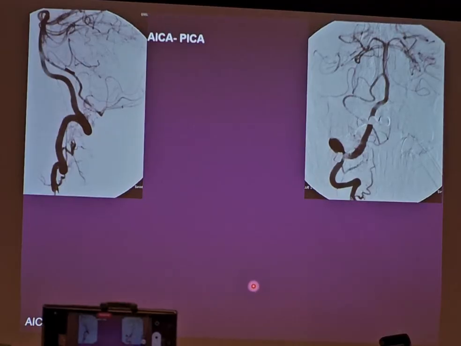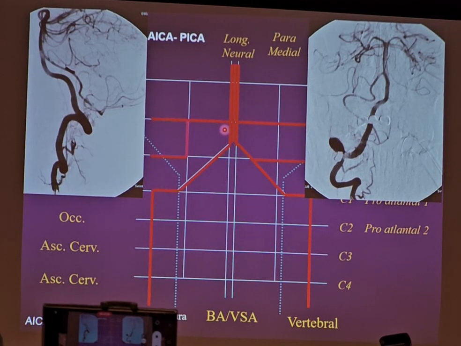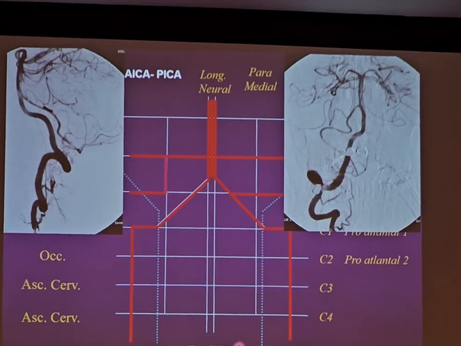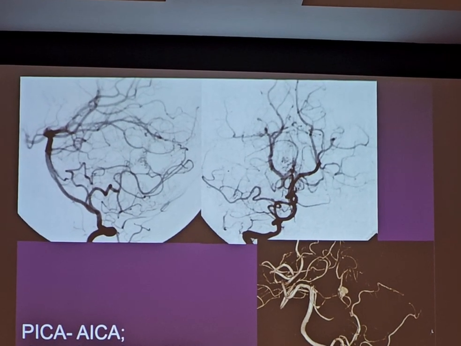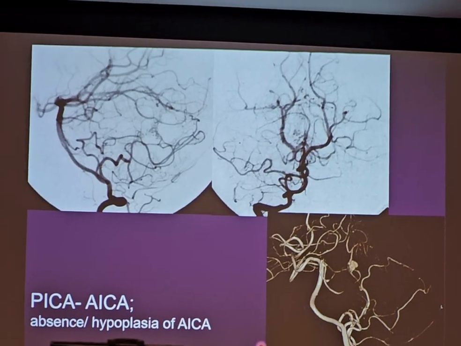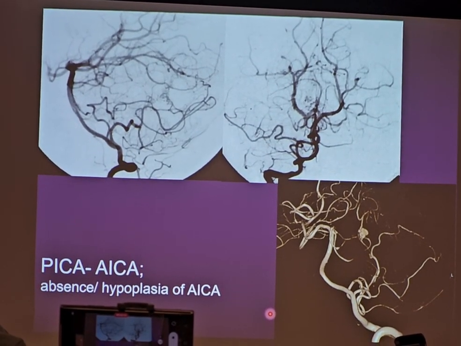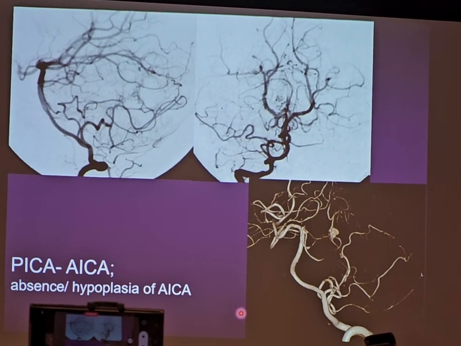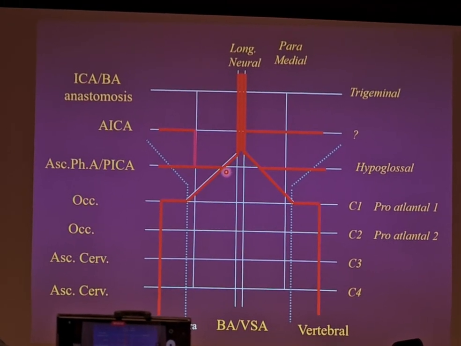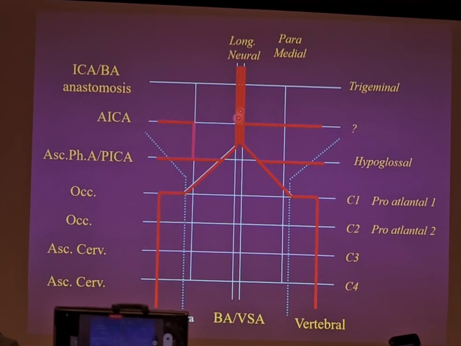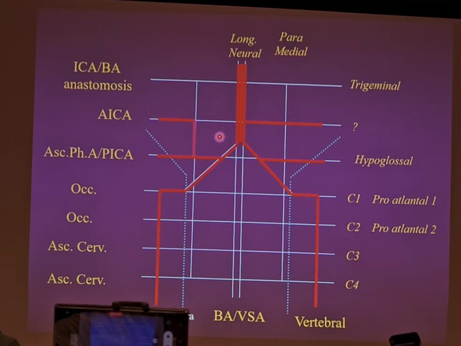It doesn't mean that you wait; this is just an example of the case. And AICA-PICA is nicely seen by that example. Again, how about PICA-AICA? It's the same. That means PICA takes charge of supplying the AICA territory, so the drawing will show this PICA and some regression of the usual AICA.